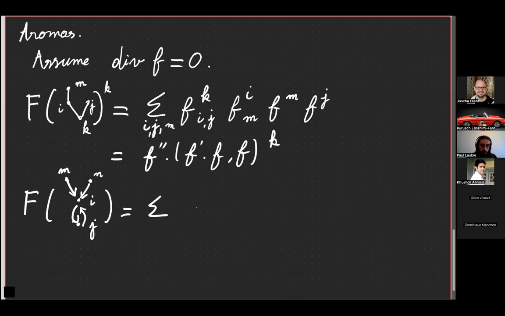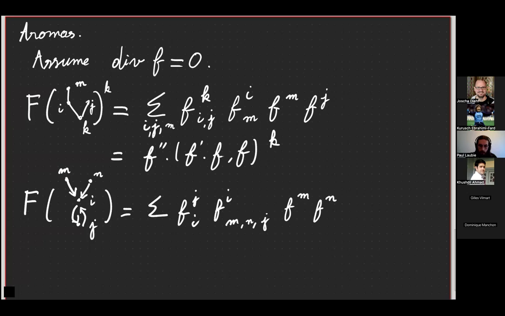Here I no longer take the coordinates. It will be the divergence of something, so I don't have a coordinate, I just have a number. If I start with, let's say, j, the derivative is in i. Look at i, the derivatives are in m, n, and j. Then I have the coefficient in m and the coefficient in n.